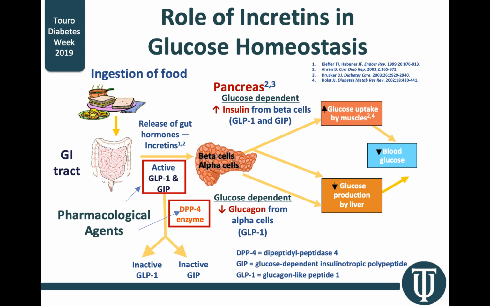Later on, these two peptides will stimulate the pancreas, beta cell, and also alpha cell to increase the glucose uptake by the muscles or by reducing glucose production by the liver.